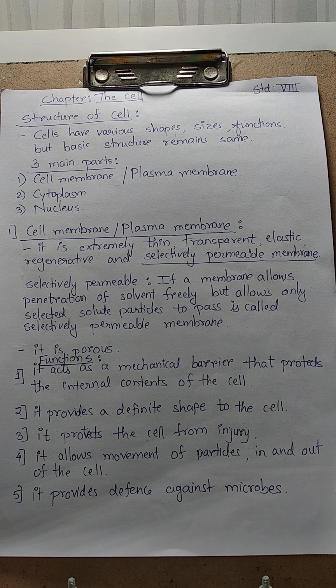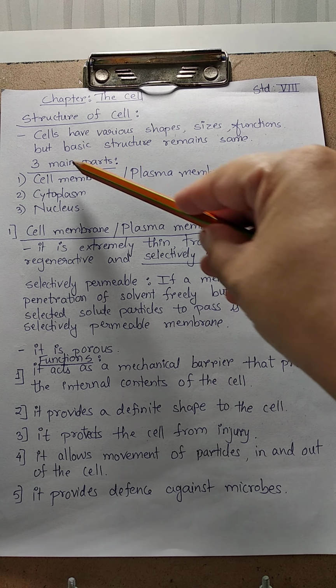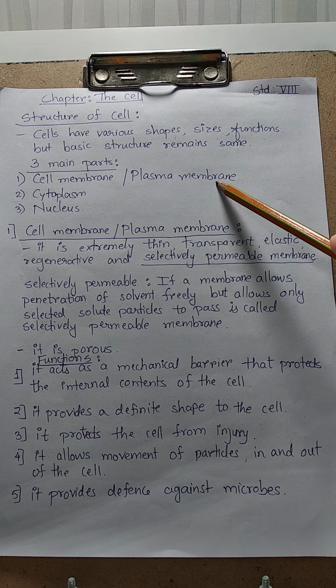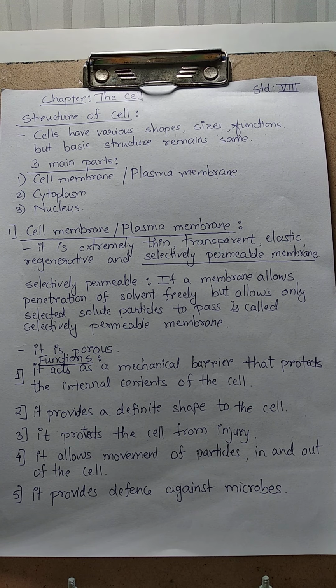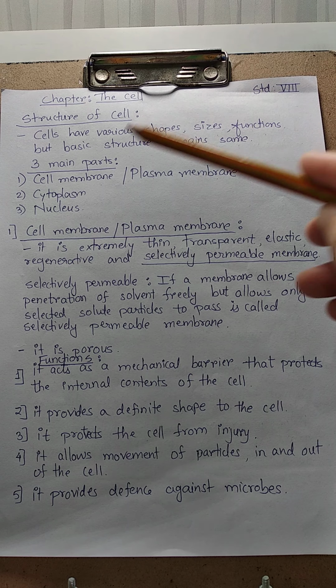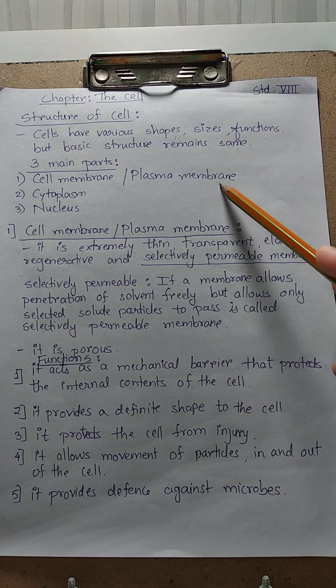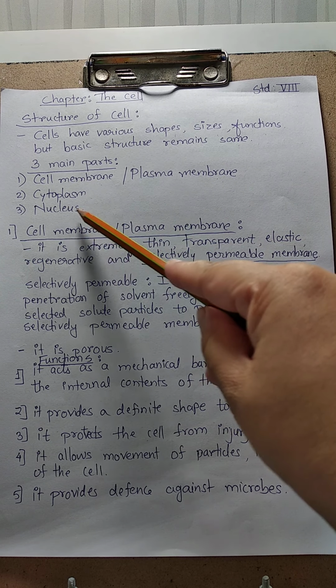Now, what is that basic structure? Let's see that. It consists of three main parts. First is the cell membrane, which is also called the plasma membrane. Now please be focused, because all these terms are very new to you. So the three main parts of a cell are: first, cell membrane or plasma membrane; then cytoplasm; and nucleus.